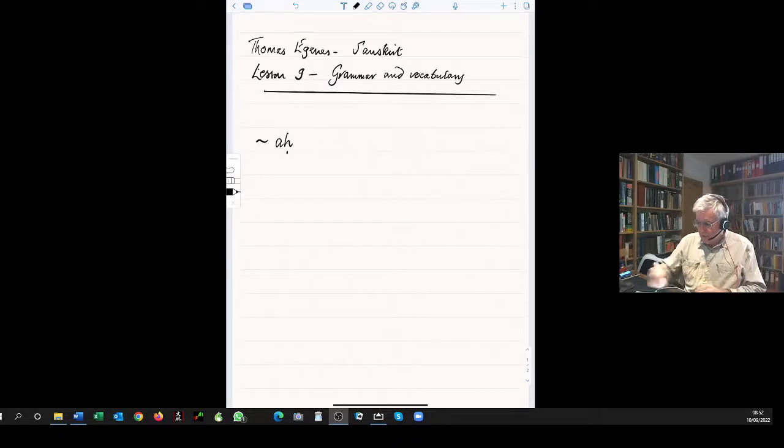For example, we have the word namah from the root nam. The original meaning of the root nam is to bend, and by extension to bend the body, therefore to bow, and by further extension to pay homage to.